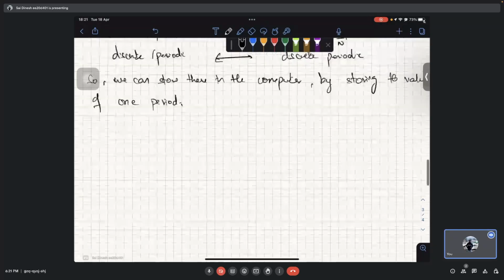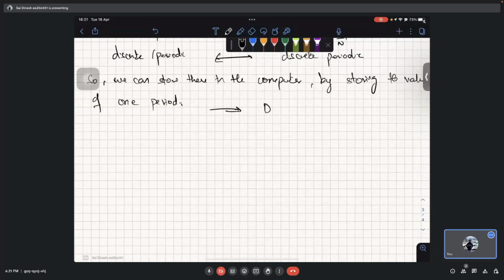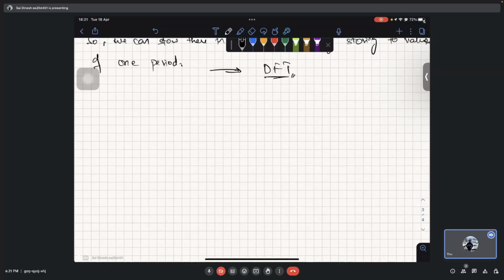So this is actually the DFT. In DFT we only talk about a finite duration signal x of n from 0 to N minus 1, and we take an N point DFT to get N samples of the Fourier transform, which is the N point DFT.